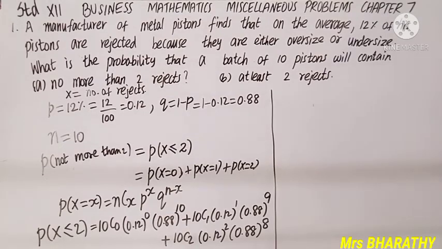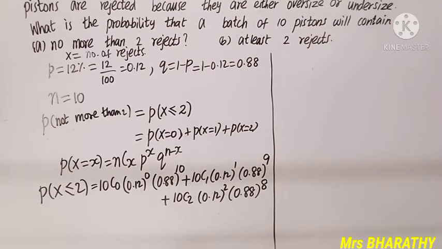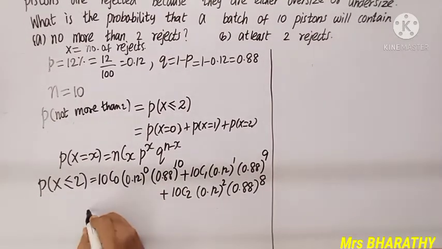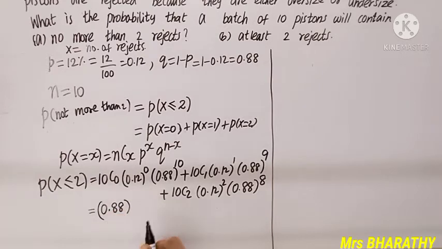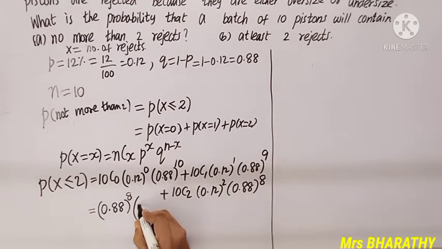As I simplify, in all the terms, see which is common. 0.88, the whole power 10, 9, 8. So power 8 is common. What is left out? 10C0, the value is 1.